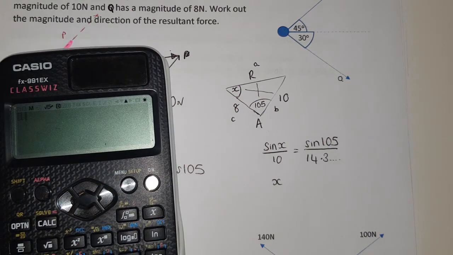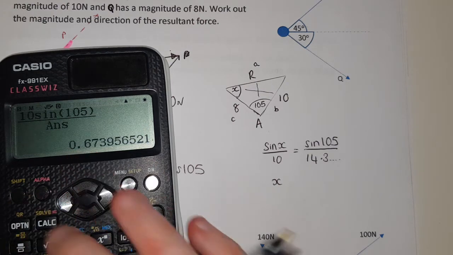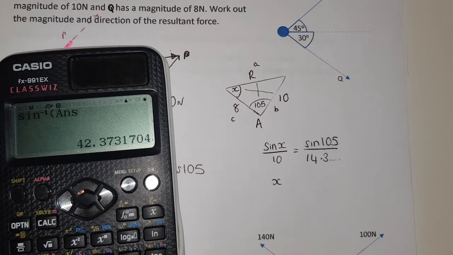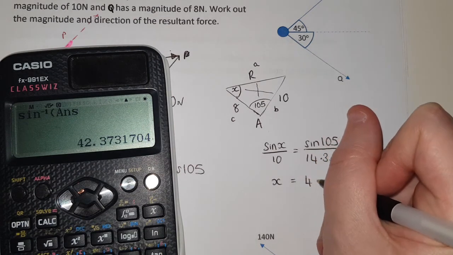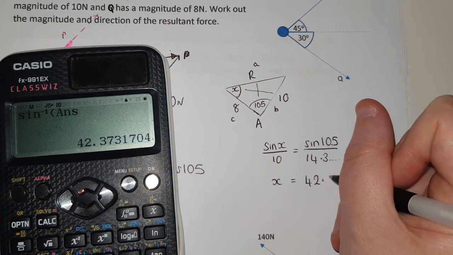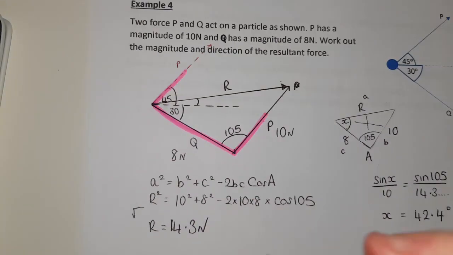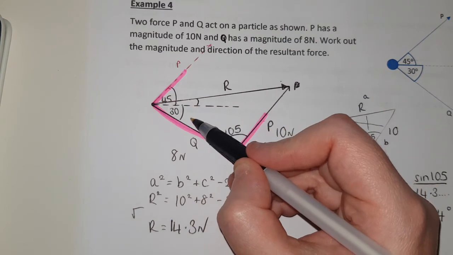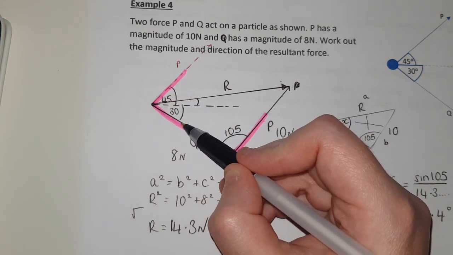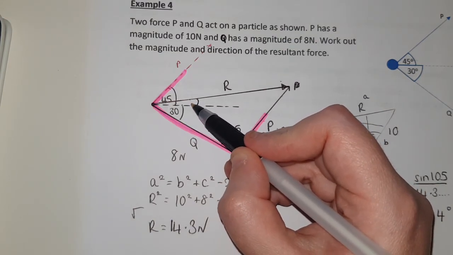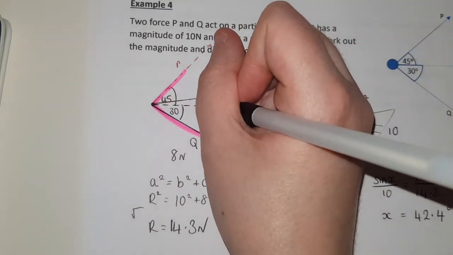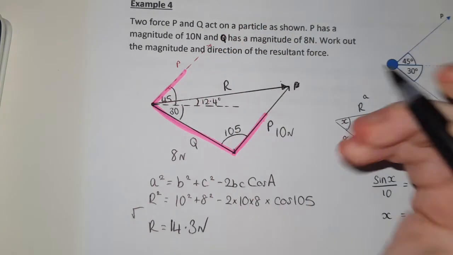So I've got 10 sine 105 over my answer, and if I do sine to the minus 1, I get x equals 42.4 degrees. So I know this whole angle here is 42.4. So if I subtract this 30, that little angle there would just be 12.4 degrees.